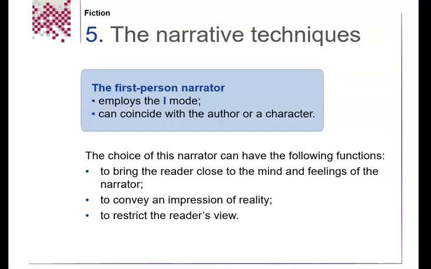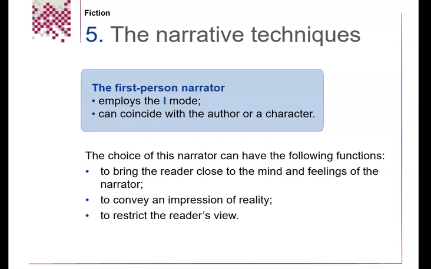Now let's consider different kinds of narrators. The first person narrator employs the I mode. He can coincide with the author or a character. For example, Robinson Crusoe is the narrator and the protagonist of the story.